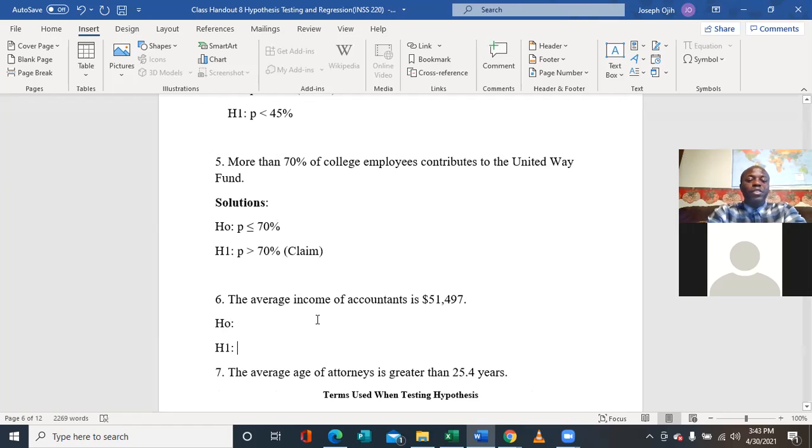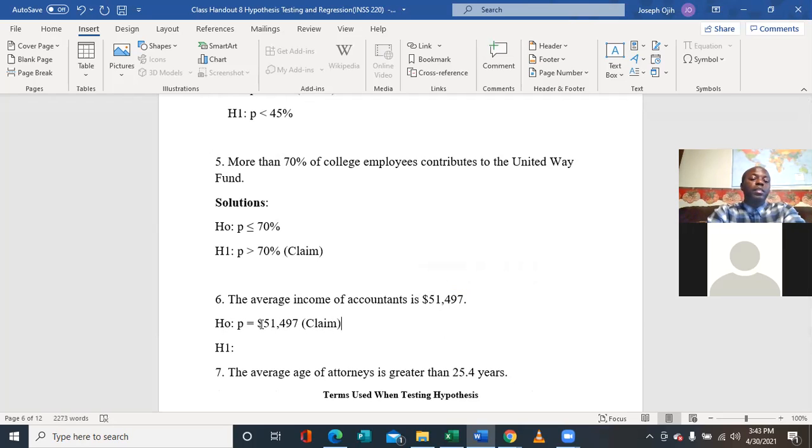So the average income. The keyword here is "is," which means equal sign. So that means it is in the null, and you can only use the equal sign in the null. So you have P equals 51,097, which is the claim here.